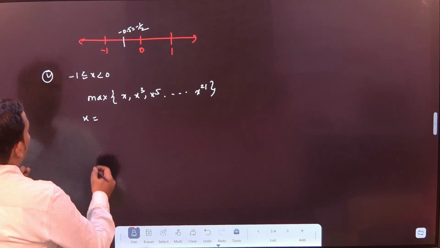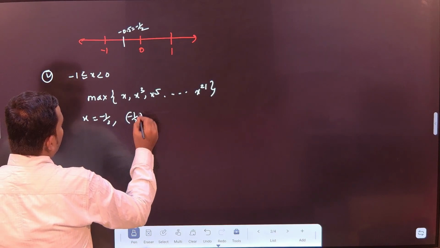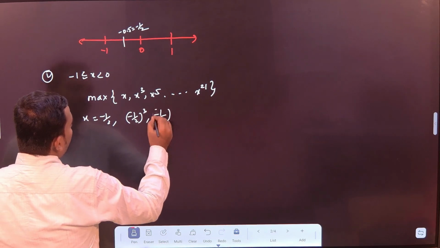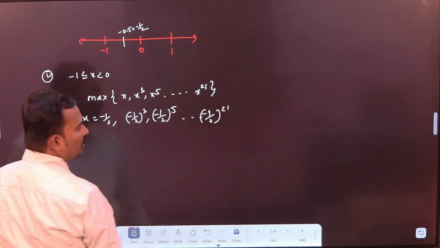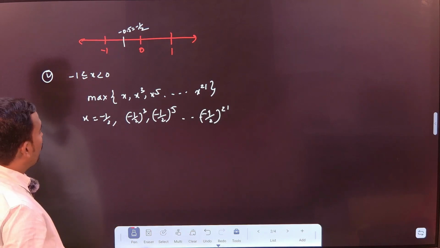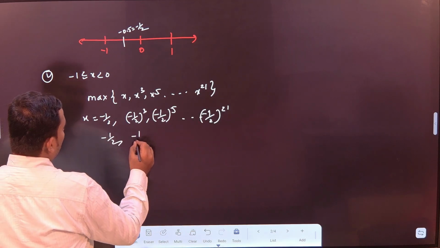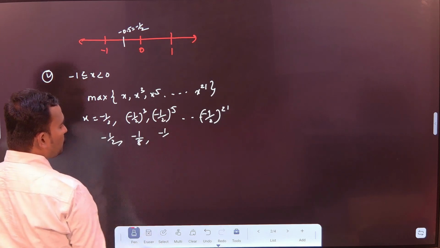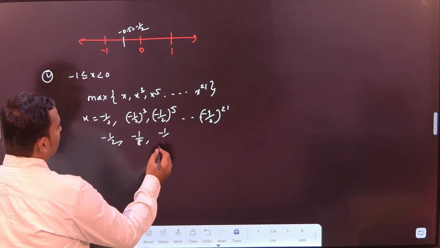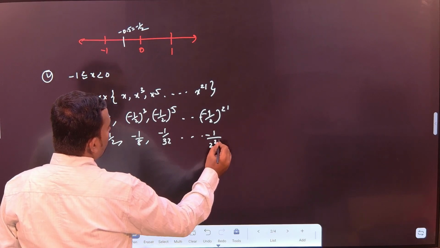Then we have minus 1 by 2, minus 1 by 2 whole cube, minus 1 by 2 whole power 5, and so on, up to minus 1 by 2 whole power 21. Among these, which is the maximum? Minus 1 by 2, minus 1 by 8, minus 1 by 16, minus 1 by 32, and so on, up to minus 1 by 2 power 21.